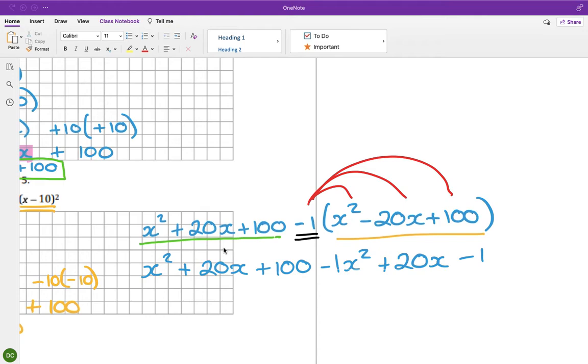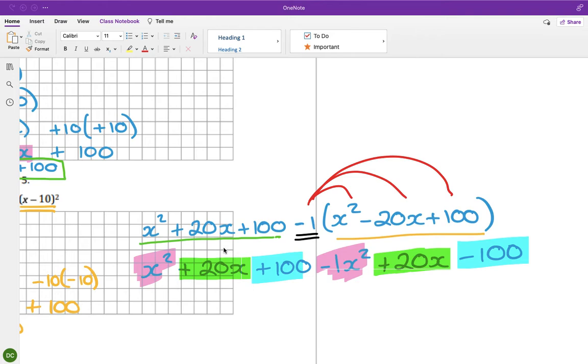Okay? Then we have the families. So we have this and this. We have this one and this one. And then, got this color, we have this one and this one. Yeah? So the pinks first, that is an invisible 1 there.